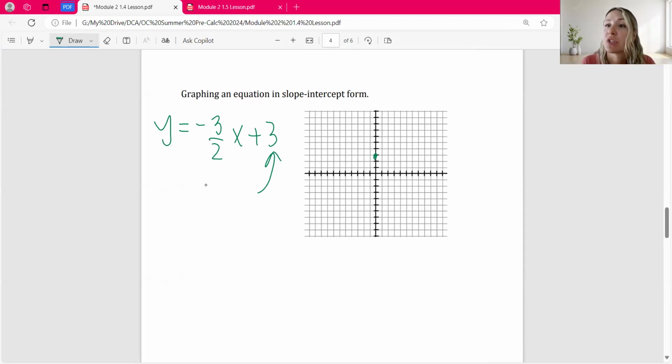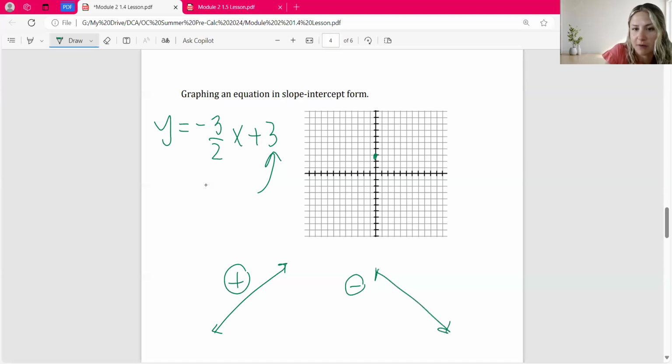And then we use our slope. So remember, our slope is your rise over your run. And let's also review slope. If we have a positive slope, we go uphill. And if we have a negative slope, it goes downhill. So notice we have a negative slope. I'm going to rise and then run to the left. So from my y-intercept here, I'm going to rise 3, 1, 2, 3, and then run to the left 2.